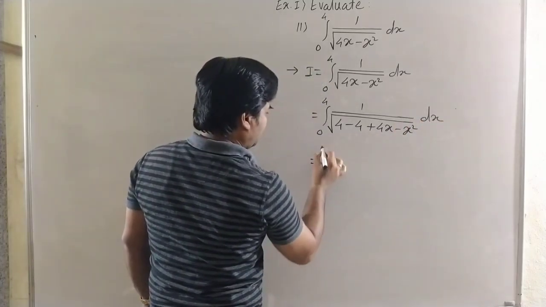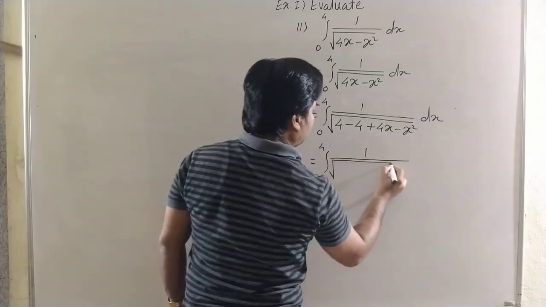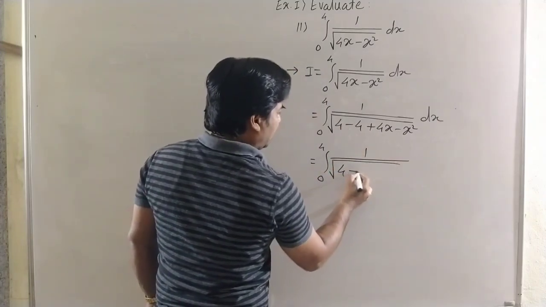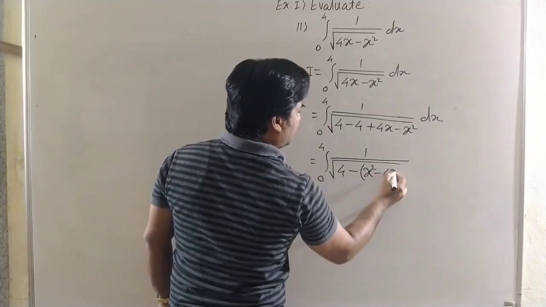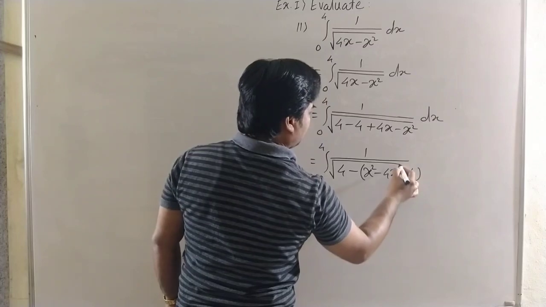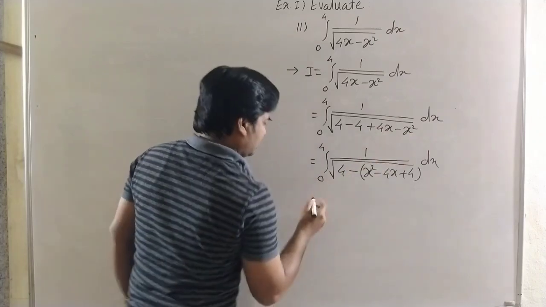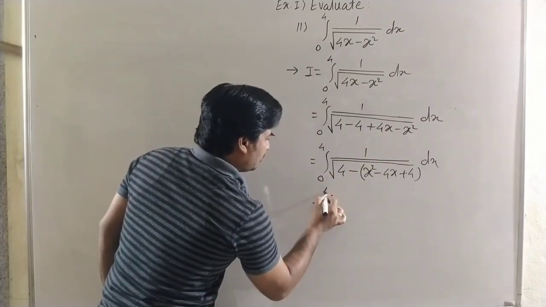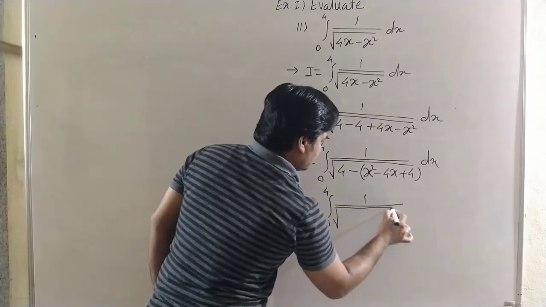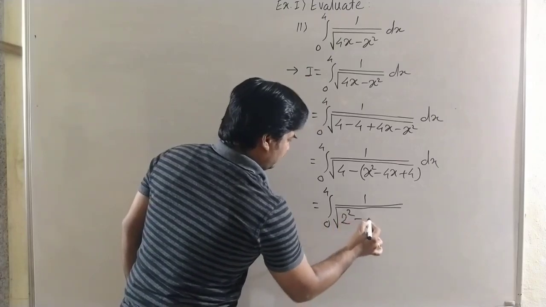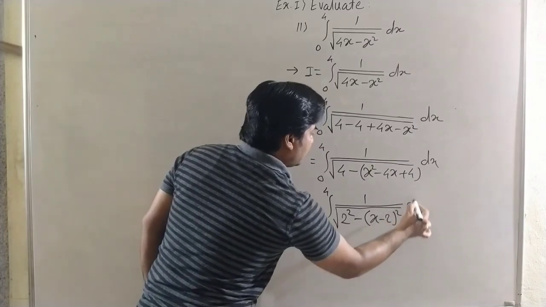Then integral 0 to 4 of 1 upon under root, see carefully, this 4 as it is, and take minus common from the last 3 terms: x square minus 4x plus 4, dx. That gives 2 square minus x minus 2 whole square dx.